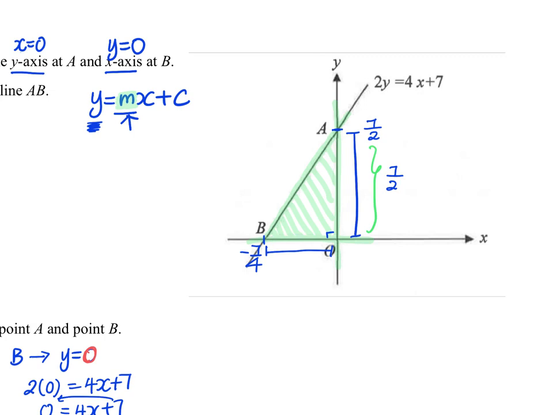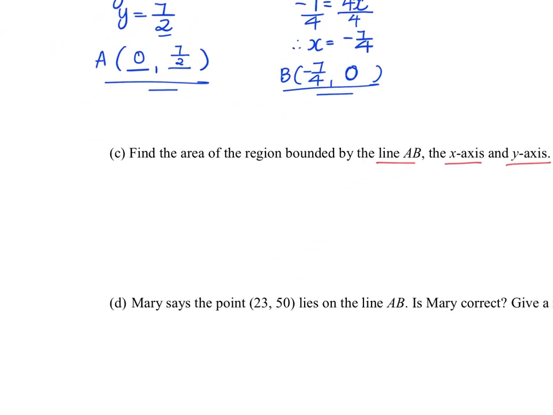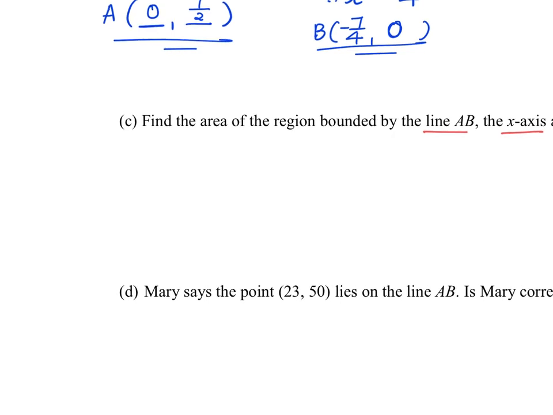And this length over here, the coordinate is negative 7 over 4, but the length means it's 7 over 4 units. So now I want to find the area of this region bounded, which will be half times base times the height. So half times 7 over 4 times 7 over 2.